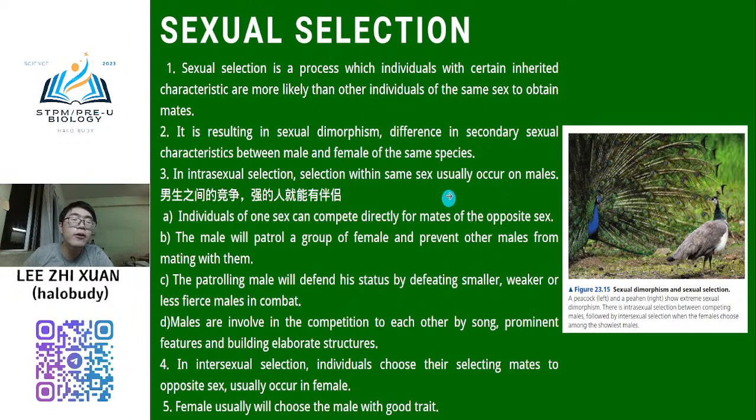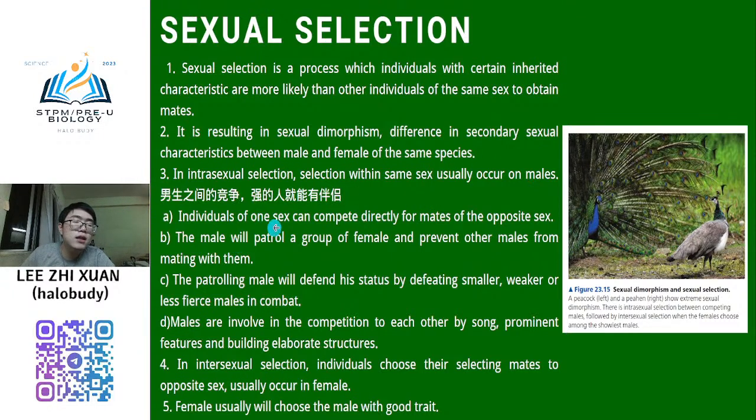Right. So normally the competition occurs in male. And then normally is male want to choose female. The male choose female, and then memang banyak competition lah. So this is what this means.